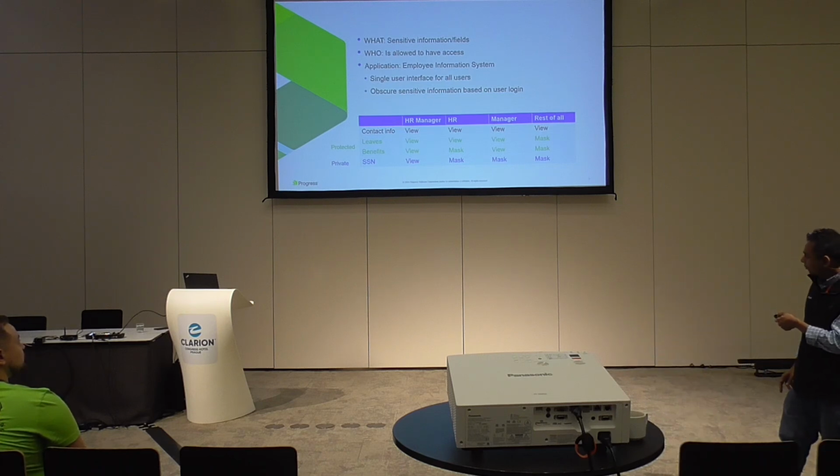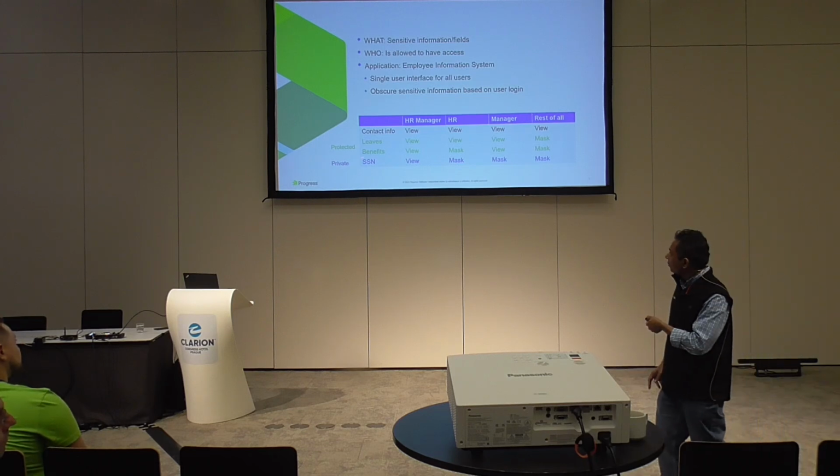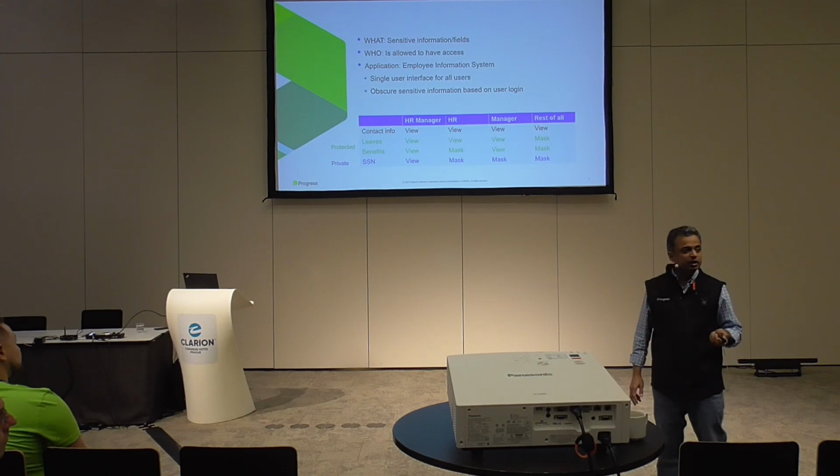Second, we have HR. Those who are working as HR, human resources staff, should not be allowed to view the benefits and the SSN. They are allowed to view the leaves, but they are not allowed to view these two protected pieces of information. And last is the manager. A manager is allowed to view the protected information, but they are not allowed to see the private information.